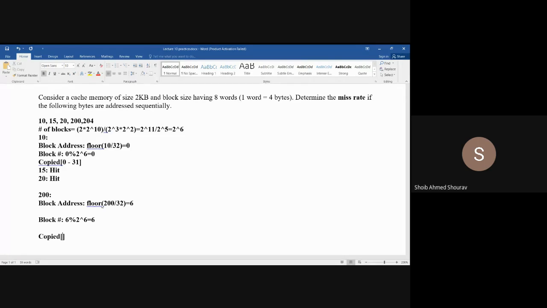What bytes are going to be copied? 6 into 32 is 192, up to 192 plus 31, which is 223. So for that, 204 will be a hit. So this is the final result here.